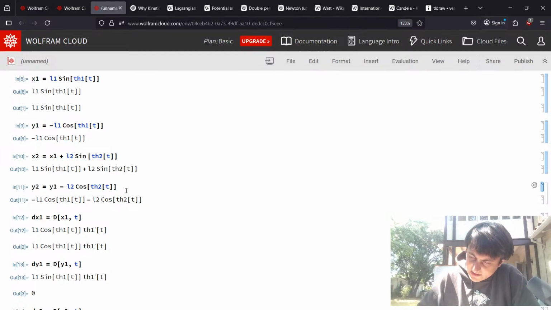Let's be consistent here with dots. And y1 dot is equal to L1 sine theta 1 of t theta 1 dot of t.